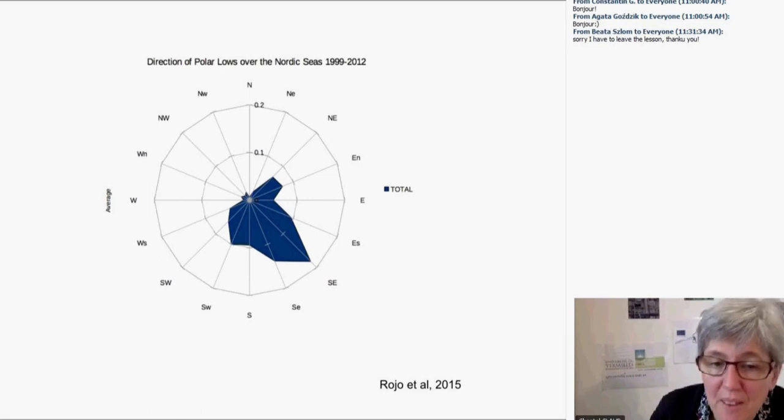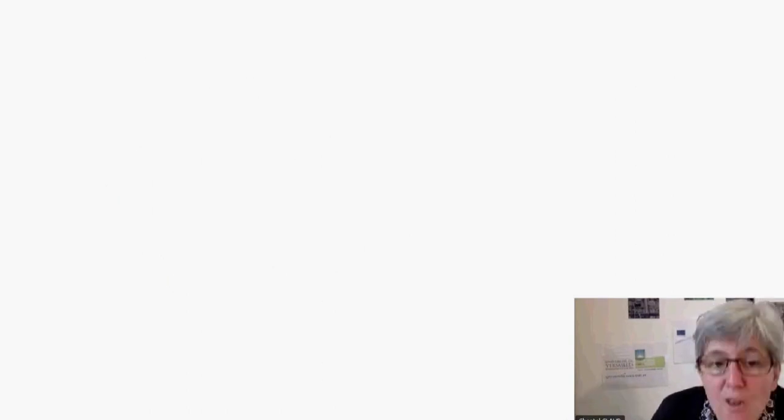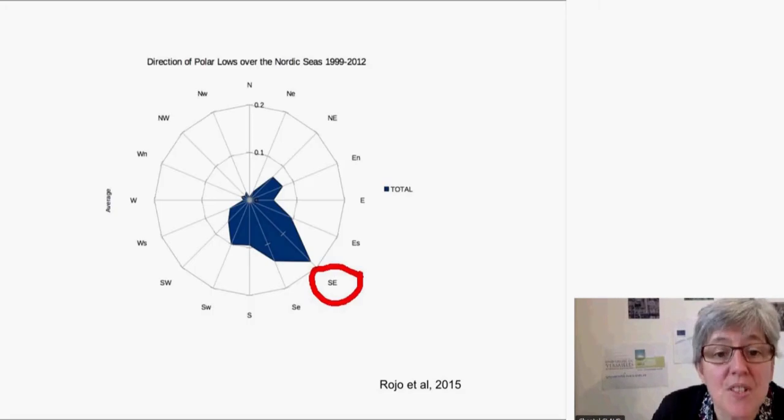What we have discovered, based on the catalogue of polar lows we had, is that it's true that the majority of polar lows travel southeastward. This is what is indicated here in this presentation, which is maybe a little bit difficult, but it gives the proportion of polar lows which move in that direction.